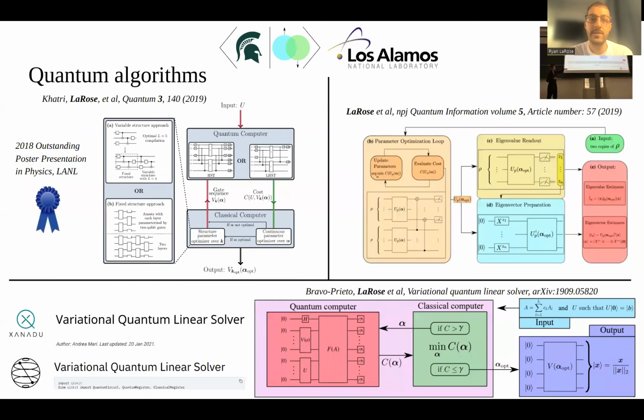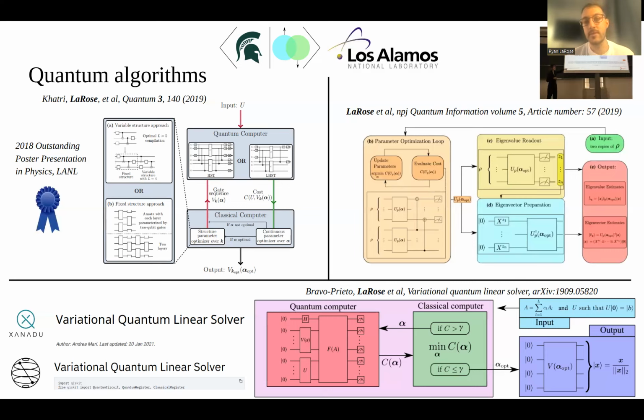For the variational algorithms, there are three main works that I've outlined here. I guess you folks know these pretty well now, but they all have a similar flavor, where you're using the quantum computer to prepare a variational state, which in some sense, at least you hope, is hard to do classically.